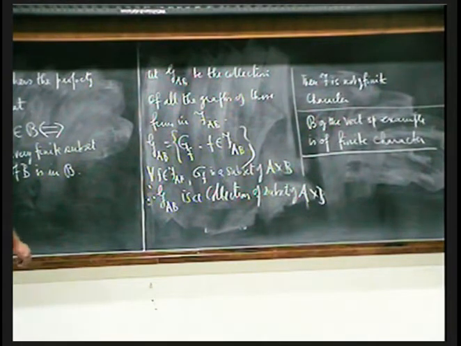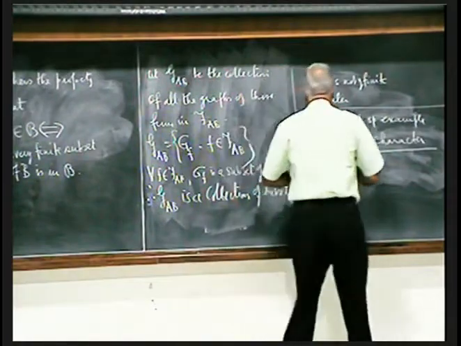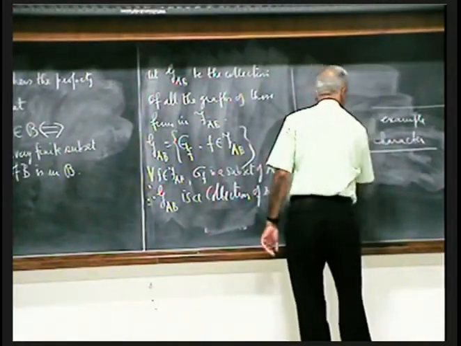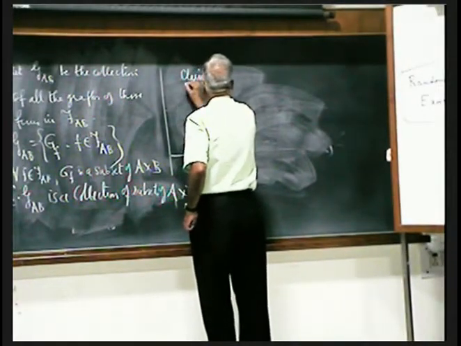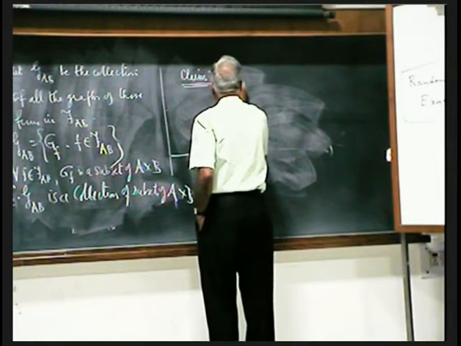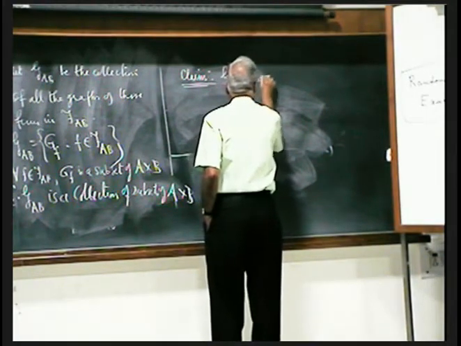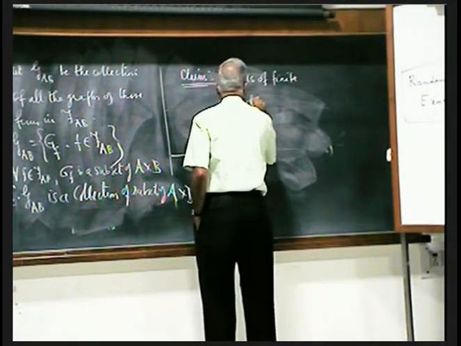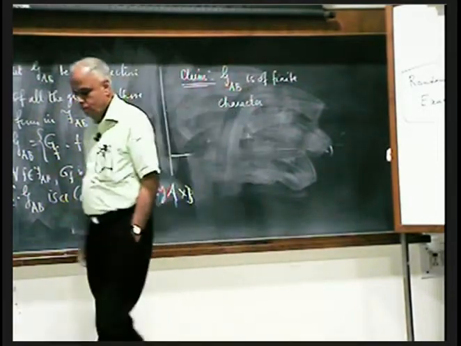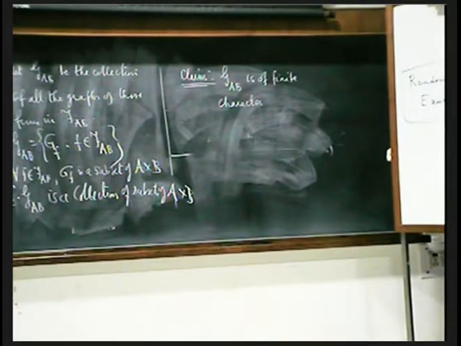Claim. Now what should I prove in order to show that GAB is of finite character?